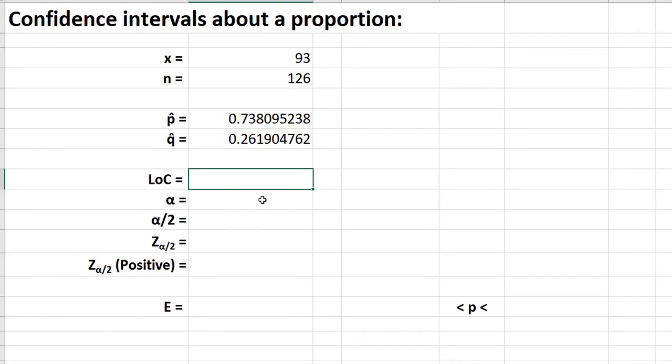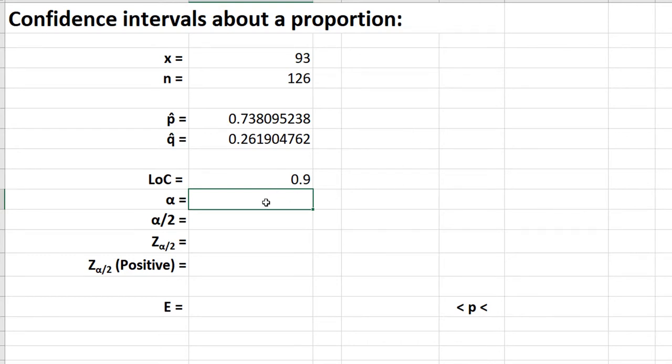Next, we're talking about the level of confidence. If you remember from the problem, that was explicitly stated as a 90% level of confidence. On the spreadsheet, I'm going to type that in as 0.90, and you'll see it just automatically defaults to 0.9 because it's the same as 0.90.